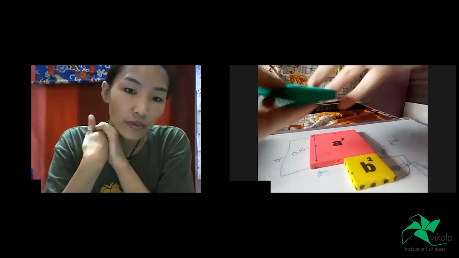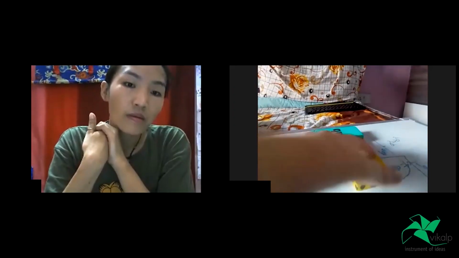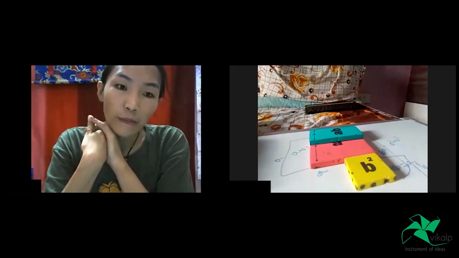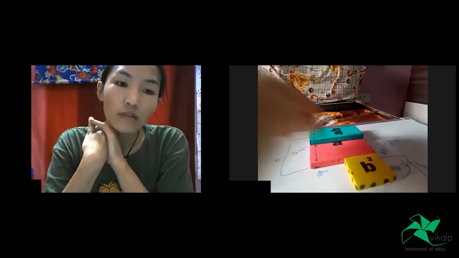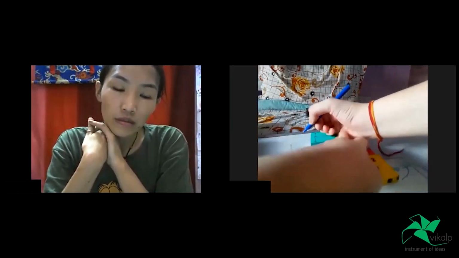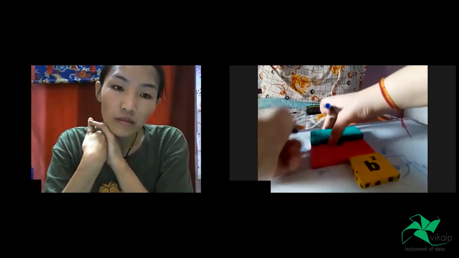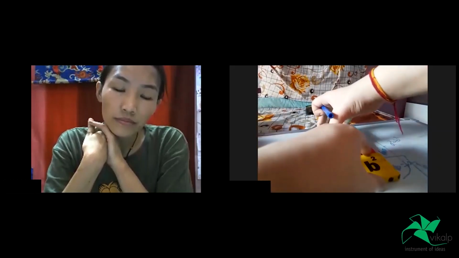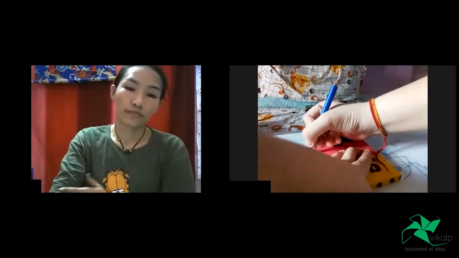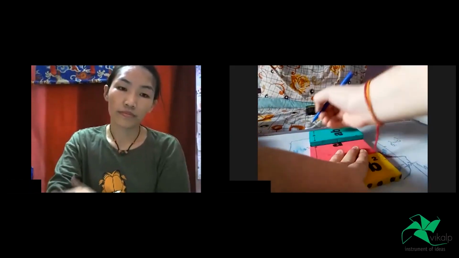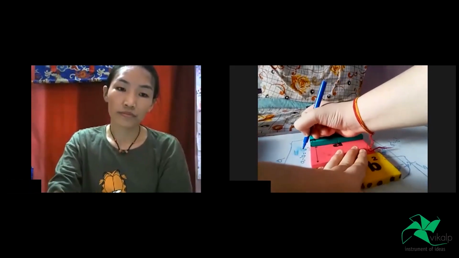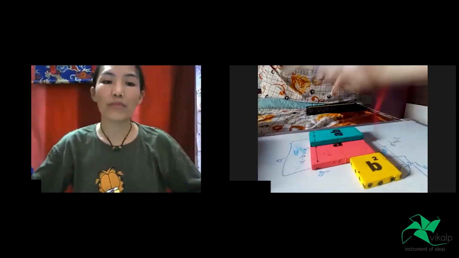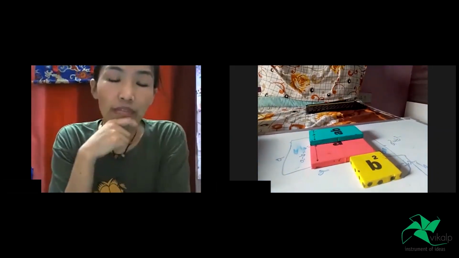I'm replacing this with a rectangle, and we form a new shape. But we do not know the side of the new shape, or the portion which is left. Since the breadth of this rectangle is exactly B and the length is exactly A, I'm going to write A minus B. Yes, this side is A minus B. It's a new side.